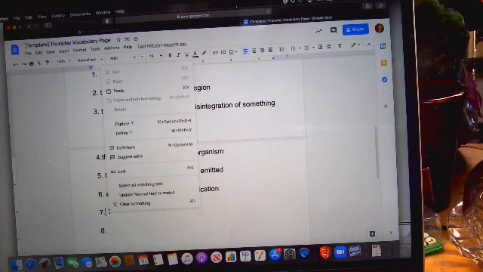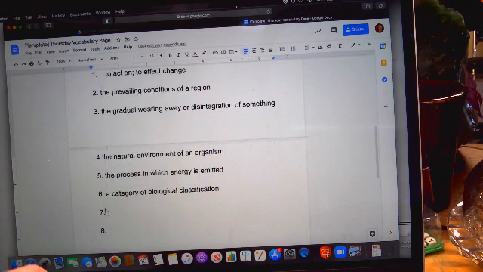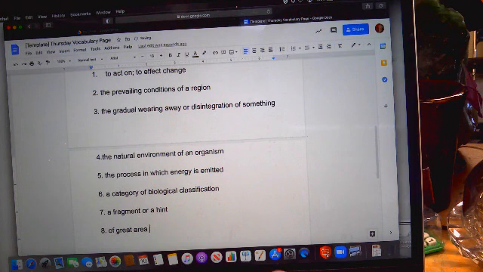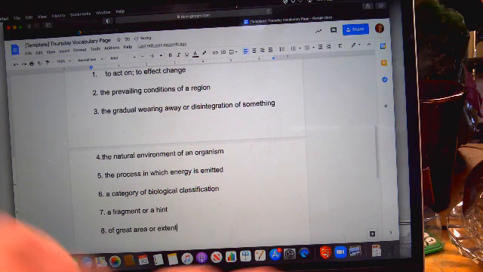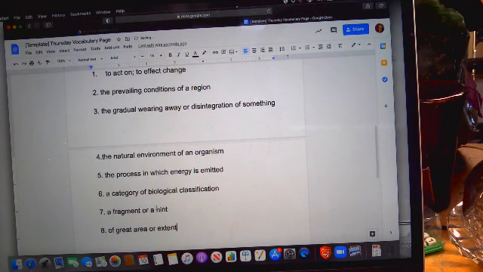And then number 7 was traces. And traces is a fragment or a hint. I hate my laptop. It does that all the time. And then our last word is vast because it starts with a V. And vast is of great area or extent.